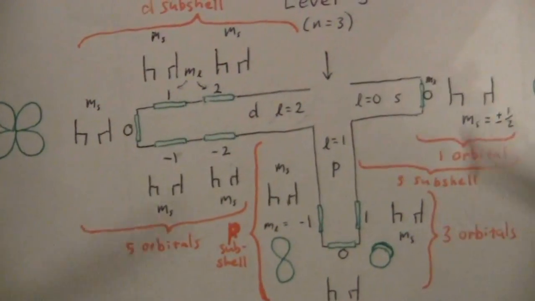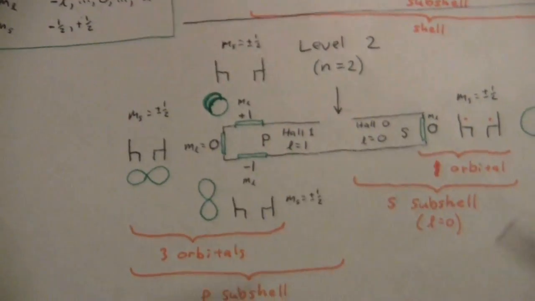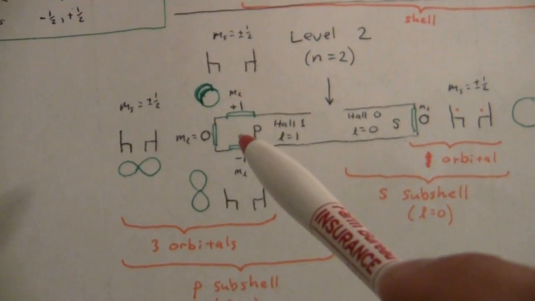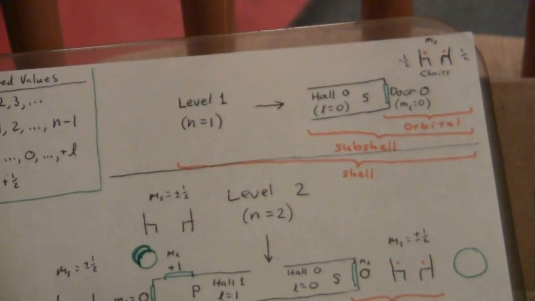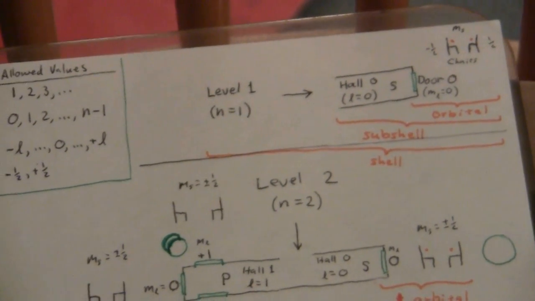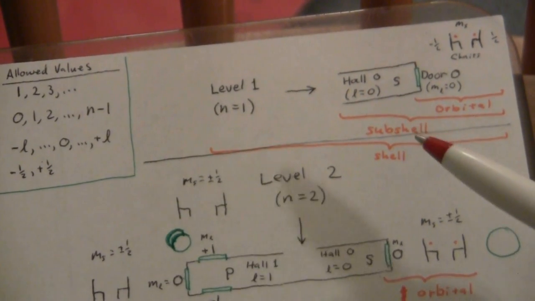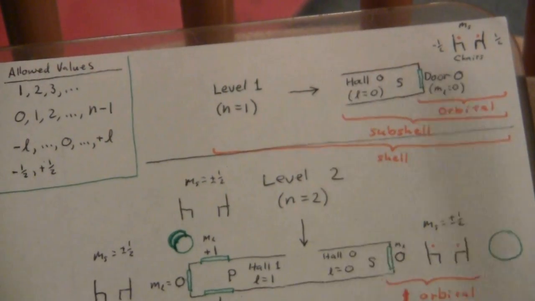Here's the n equals 3 shell with its 3 different wings, S, P, and D. And then the n equals 2 shell with S and P. And the n equals 1 shell with just the one S wing. Okay. So shells, subshells, and orbitals. Each orbital has 2 electrons.